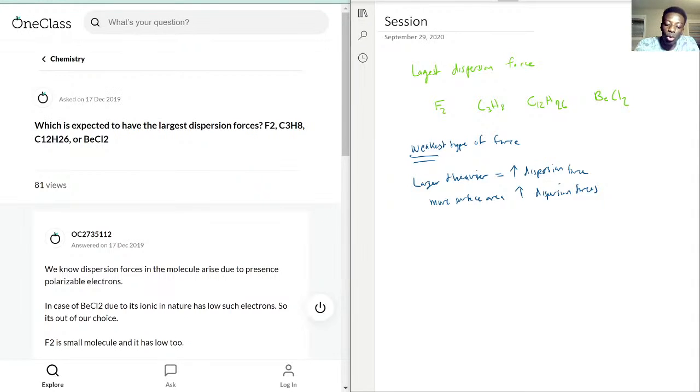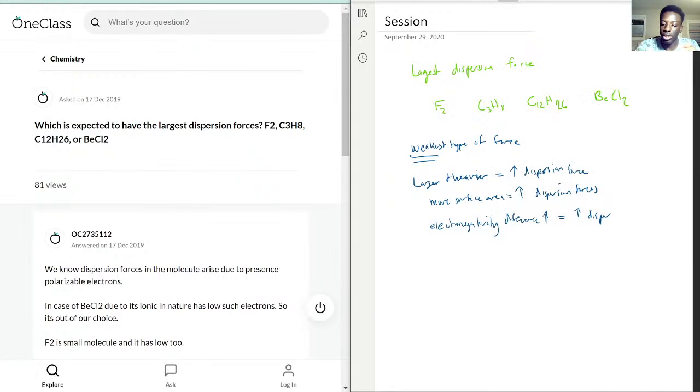And the more polarizable, not to the point where it becomes a dipole, but when there's enough of a difference in electronegativity, that also favors a greater dispersion force, because it'll be kind of like a plus side attracting a negative side, hence why there'll be stronger dispersion forces trying to bring these two things together.